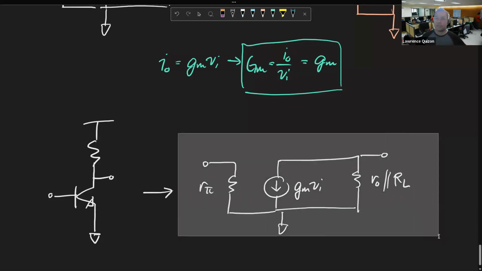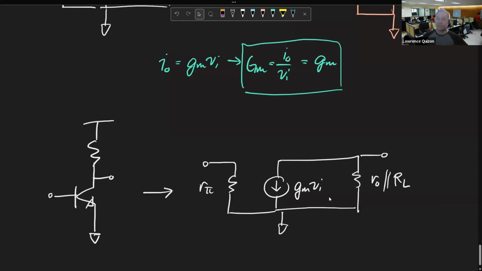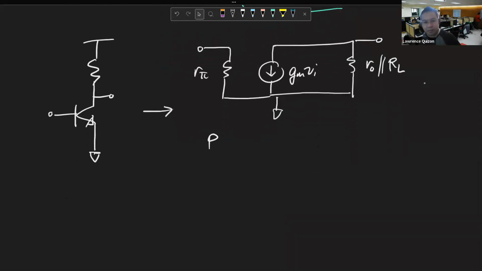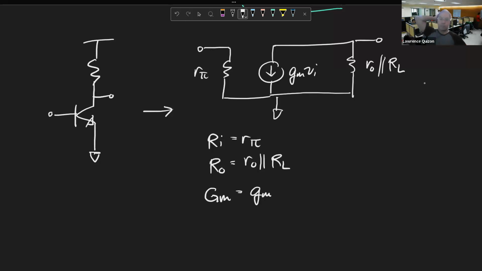This is the overall small signal equivalent circuit. So listing out the parameters, we have R in is equal to R pi, R out is equal to R out parallel RL, and GM is equal to GM. All right?